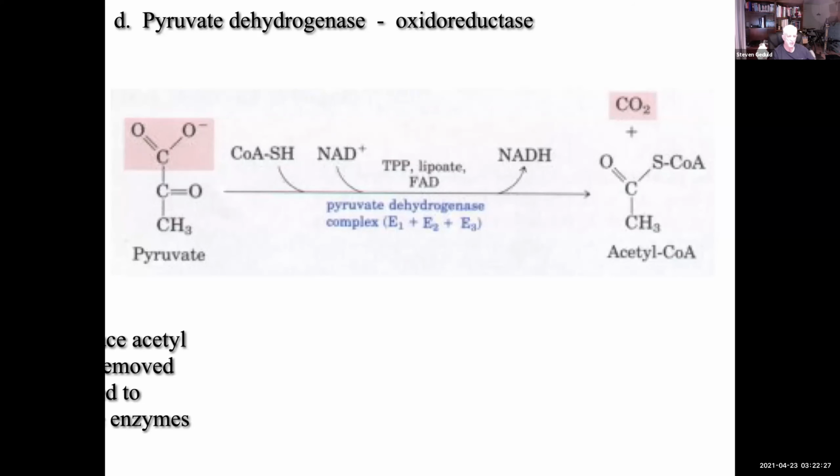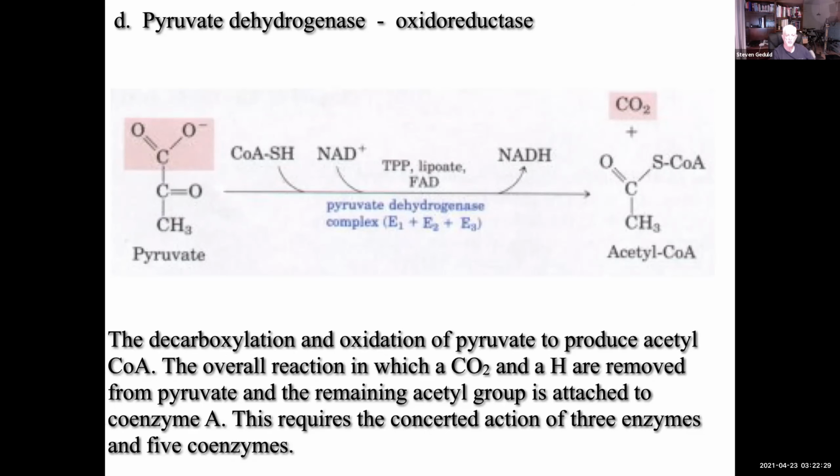So what's explained here is the decarboxylation and oxidation of pyruvate. You lost the carboxyl group, and oxidation of pyruvate produces acetyl coenzyme A. The overall reaction is that CO2 and a hydrogen are removed from pyruvate. The remaining acetyl group is attached to coenzyme A.